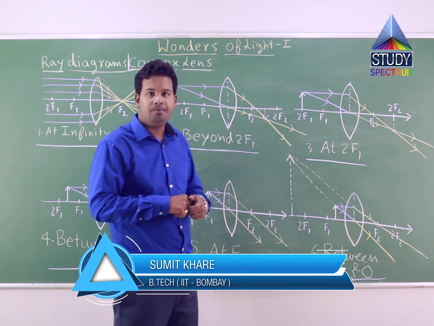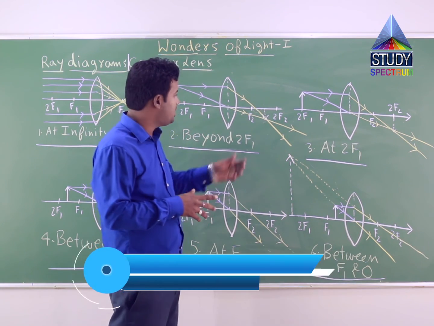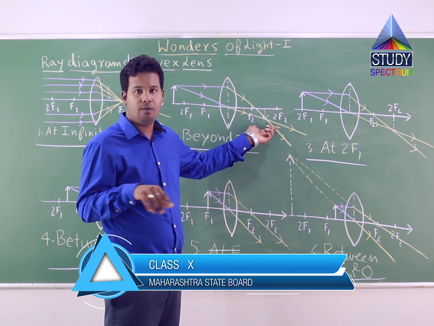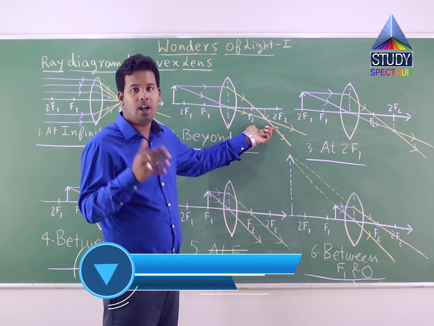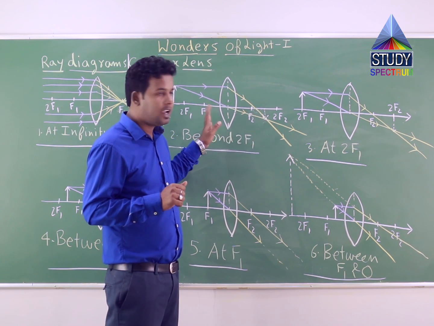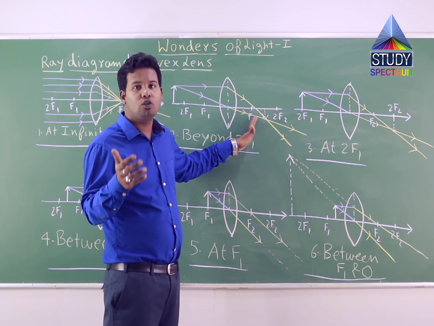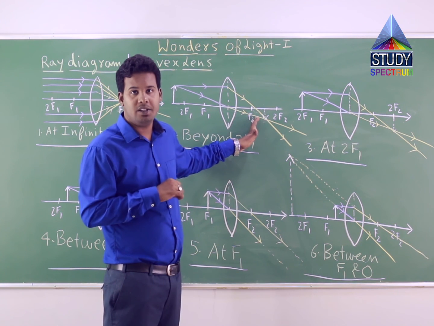Now if you remember, the first result was that the position of the image is between F2 and 2F2. That is what is written in the tabular form. If you see, the first result is the image being formed between F2 and 2F2. Now since this image is formed behind the lens, the second result is the image should be real. That is why it has been written real image.